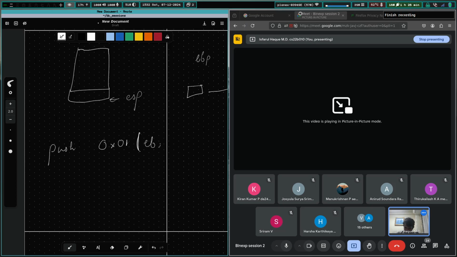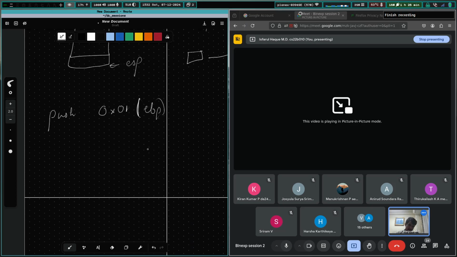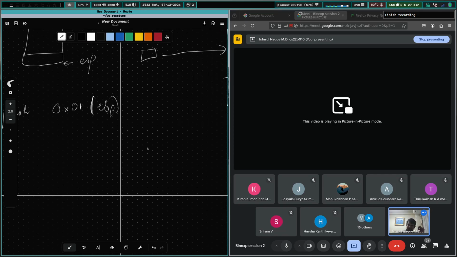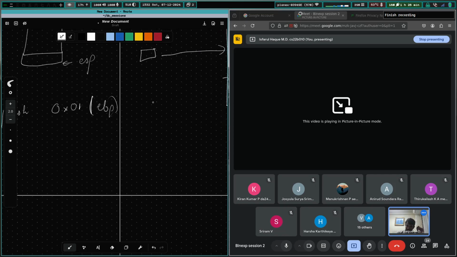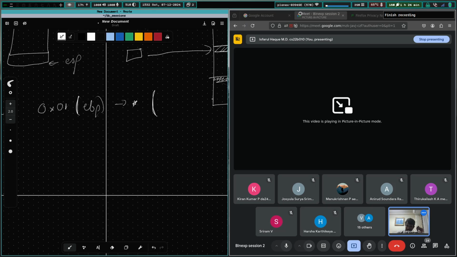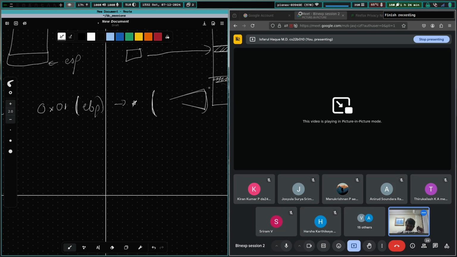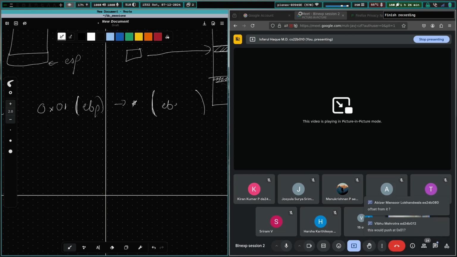Brackets EBP. Any guesses what this would be doing? Yep, offset.